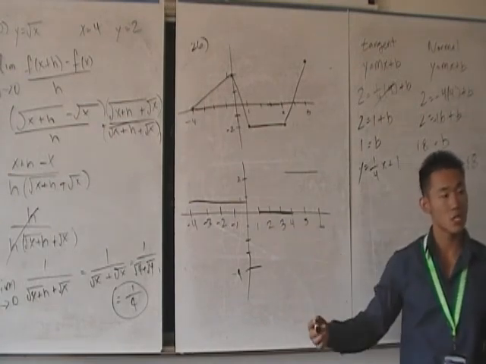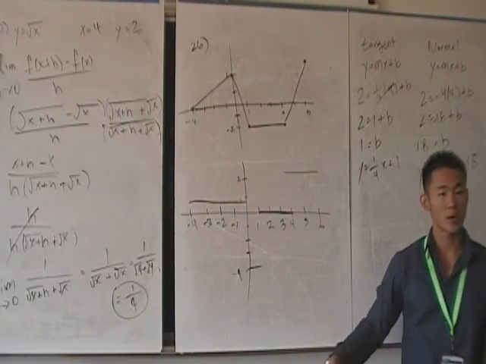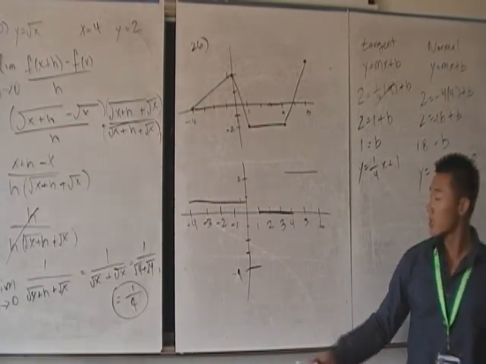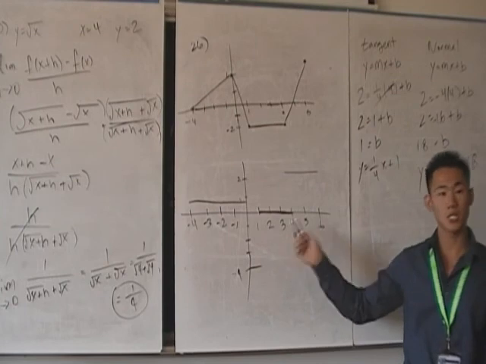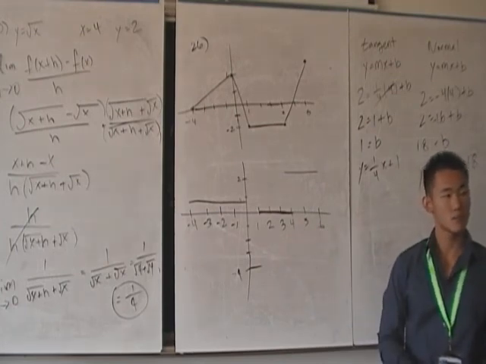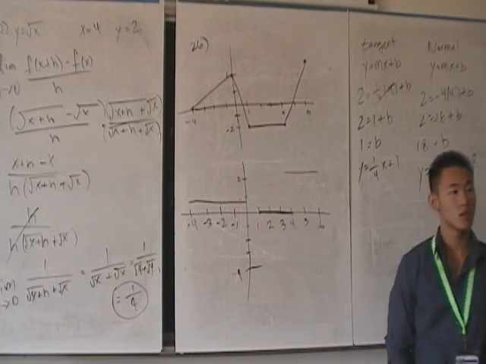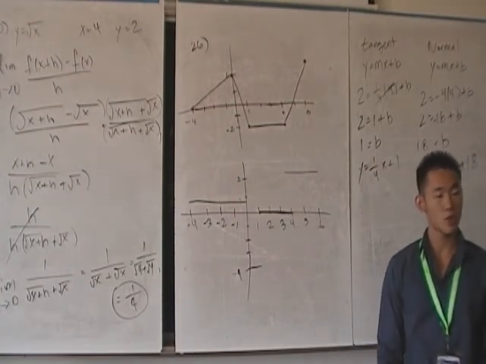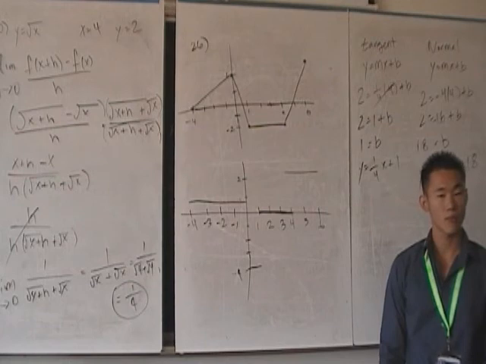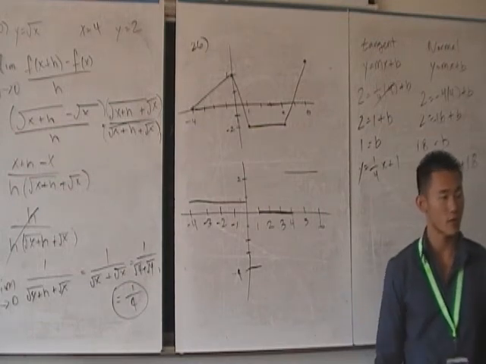When it's discontinuous, that's where you can't take the derivative of it. So, where is it discontinuous here? 0, 1, and 4. So at those points, you actually can't take the derivative of it.